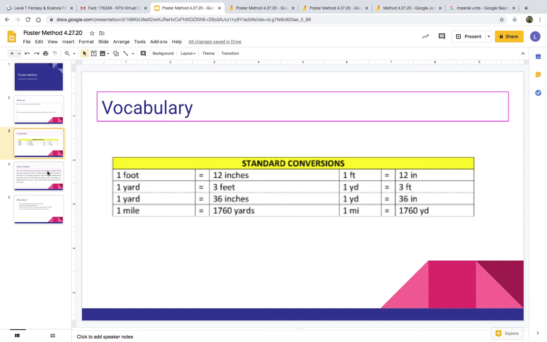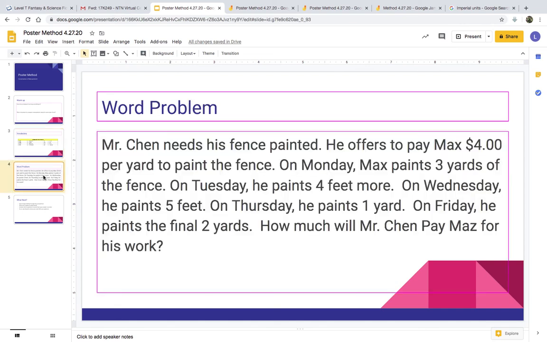Okay, so let's look at the word problem of today. Mr. Chen needs his fence painted. He offers to pay Max $4 per yard to paint the fence. On Monday, Max paints 3 yards of the fence. On Tuesday, he paints 4 feet more.